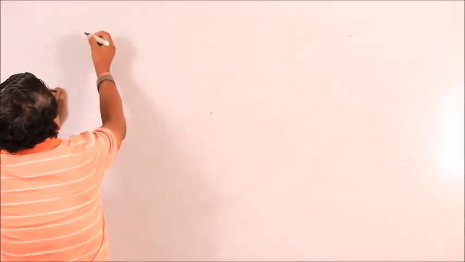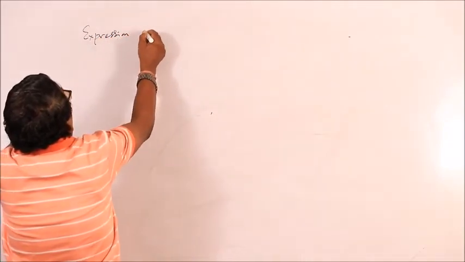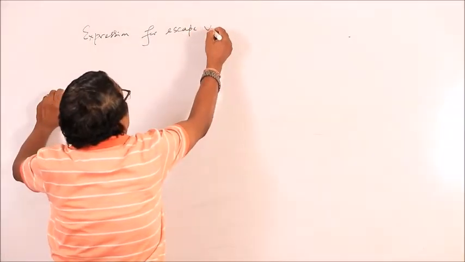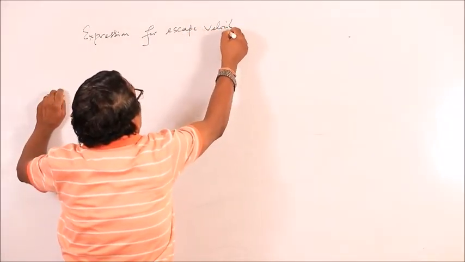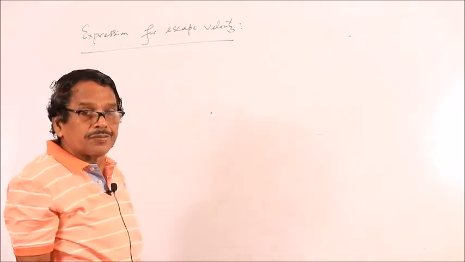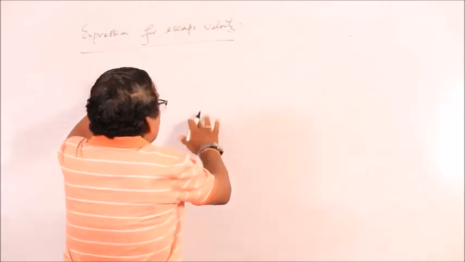So, how to calculate that? Expression for escape velocity. This comes as a long question in the examination: what is escape velocity, and find an expression for escape velocity. So, what is to be done?